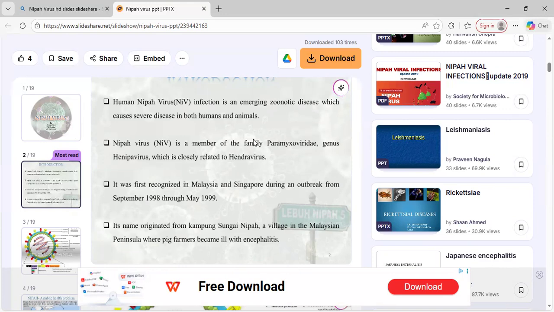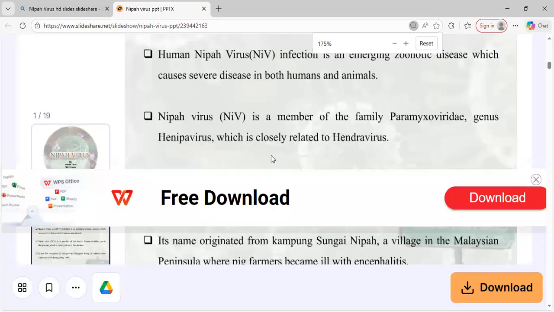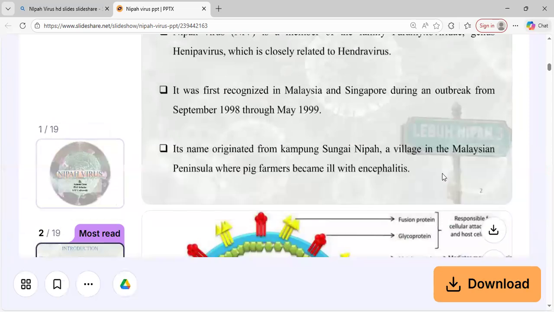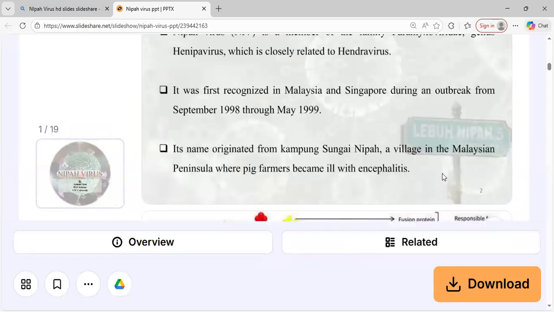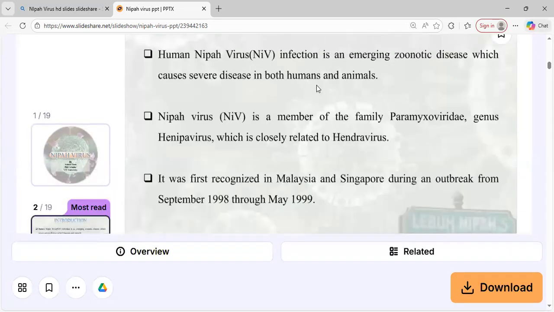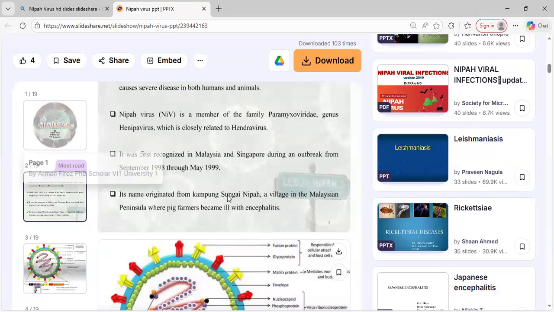Nipah is a member of the family Paramyxoviridae, a Paramyxovirus. It was first recognized in Malaysia and Singapore during an outbreak from September 1998 through May 1999.